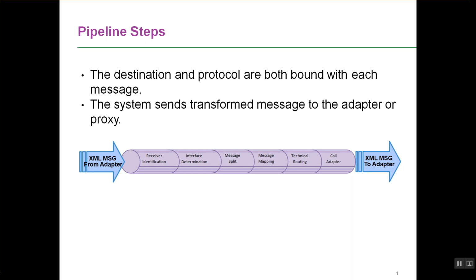Those were the configuration objects that we built, and they were used to bind all of the Enterprise Services Repository objects that you built together. So what do we mean by pipeline steps? Pipeline steps are the execution of your design time and configuration time through a defined set of steps in PI. So basically this is the runtime step that gets executed for any interface in PI.